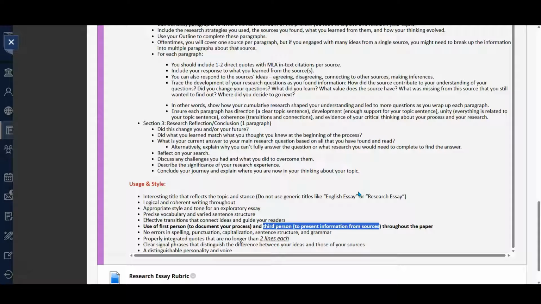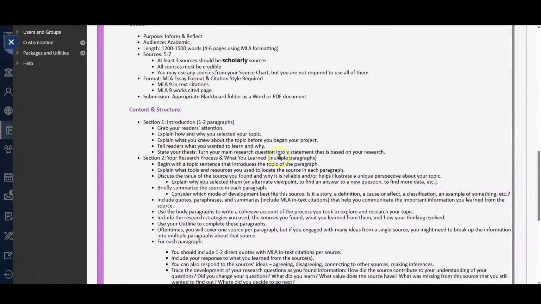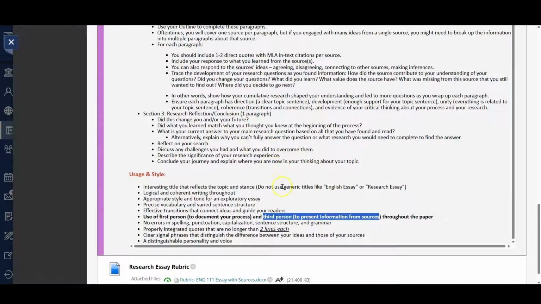If you say, I believe there is one, and I think this is a great quote, you don't need the I think, I believe. Instead: well, according to so and so, they state this. That's using the third person, okay? But you can use first person to document your process, and also your reflection can be in first person. But section 2 really should be more in third person, okay?